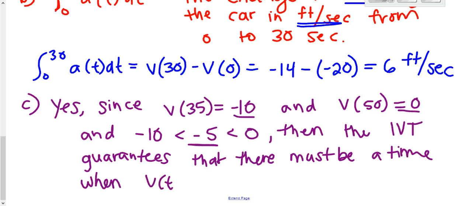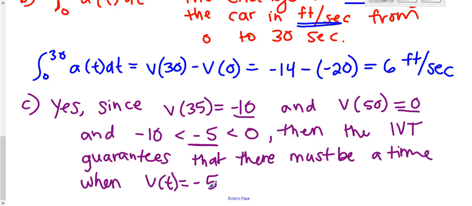V of t equals -5. I'm sorry, we were working with -5. So let's make that really clear that we know that we're talking about -5. There we go.